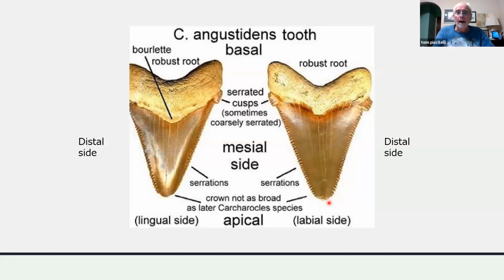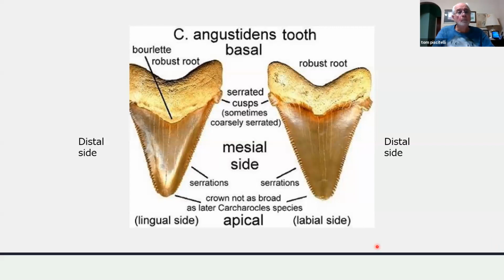A shark's jaw actually has two pieces that come to the right side and the left side, and they join together in the middle. And so that's what it means by the midline. The area at the tip of the tooth is termed apical, and the area toward its root is called basal. This tooth has a distinctive bourlette.